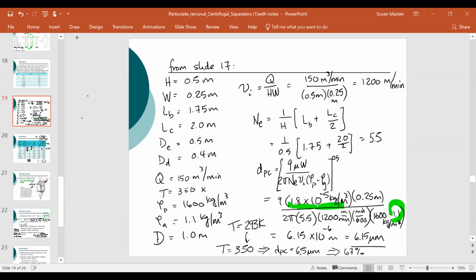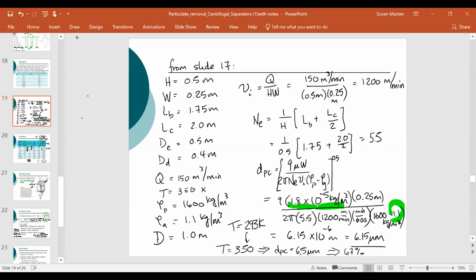So you do see when you increase the temperature, you see a decrease in efficiency. So I just wanted to mention that. I realized that after class on Wednesday, so I wanted to make sure that I did mention that.